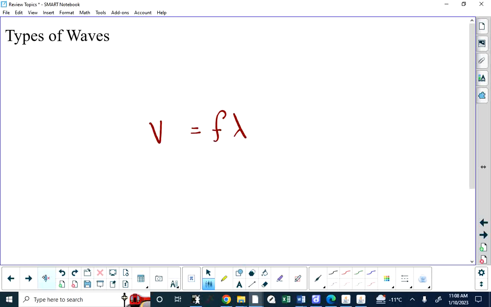All of those waves fit into this equation. And we've since talked about the fact that the speed of the wave depends on what it's traveling through, the frequency of the wave depends on the source, and the wavelength is determined by those two things.